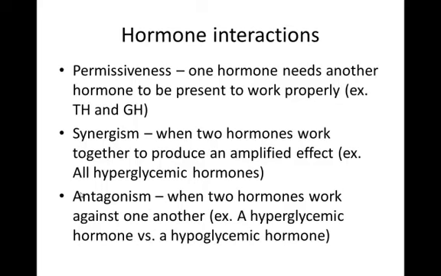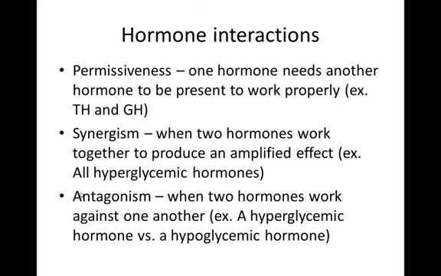You might have to look back to your chapter 1 notes, but that increases blood sugar levels. Well, usually when that's happening, there's another hormone that's being released, epinephrine. Epinephrine will do the same exact things, and so you'll get an amplified effect. We'll talk about a lot of hyperglycemic hormones. We have quite a few in this chapter.